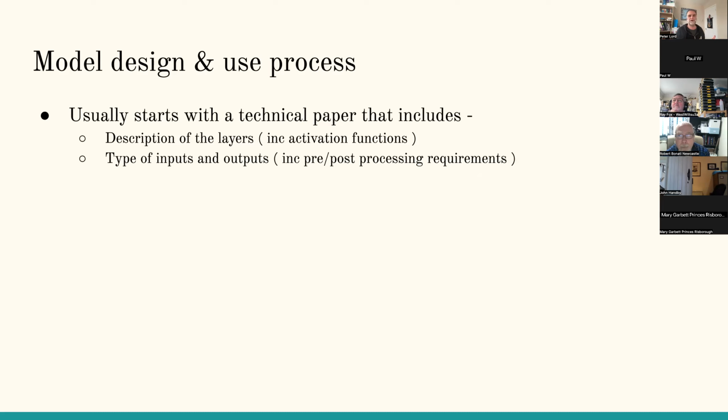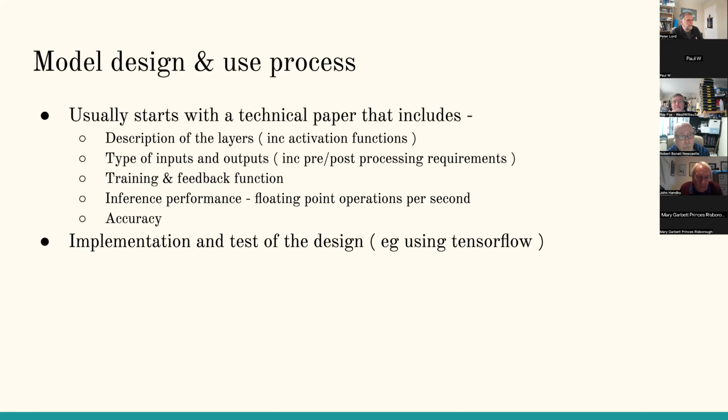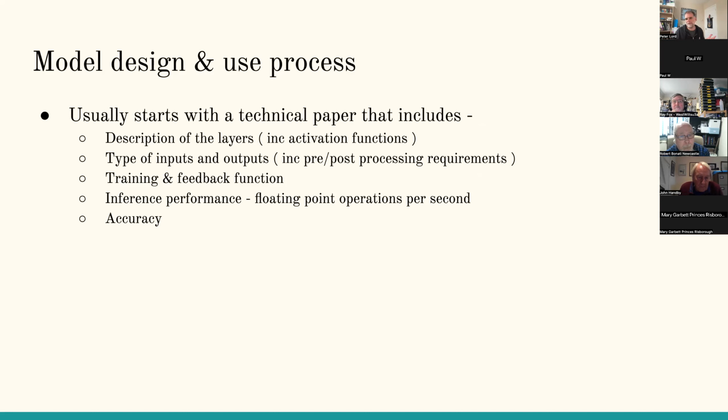If your neural network's accepting an image, it might expect an image of a certain size, so you may have to resize your image before injecting it into the neural network. And this paper is going to include how to train it, what the feedback function is, the inference performance, how fast it is once it's fully trained, and how accurate it is. Then after this white paper is produced, lots of people read it and comment on it and so forth, but it remains very much an academic process, let's say.